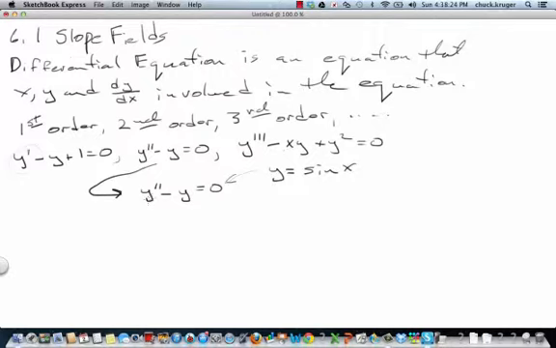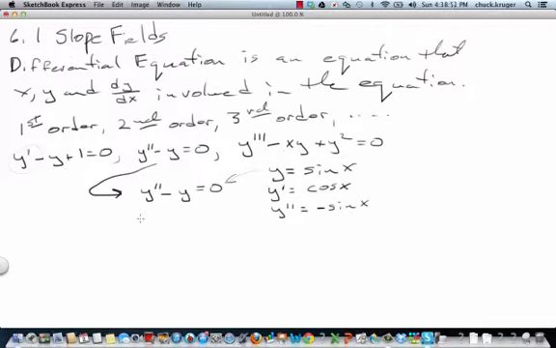In other words, if I put the values of the second derivative of y and y into that, I should get 0. So I'm going to figure out the first derivative first, and that's going to be the cosine of x, because the derivative of sine is cosine. And the second derivative, the derivative of cosine, is a negative sine.